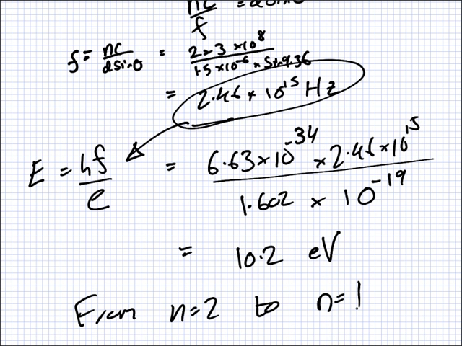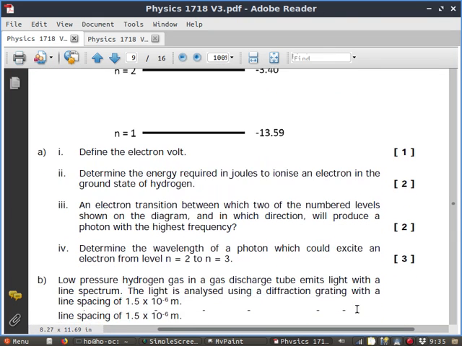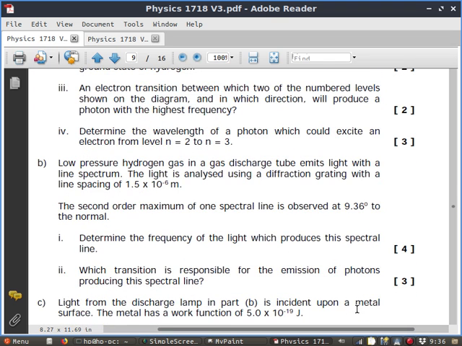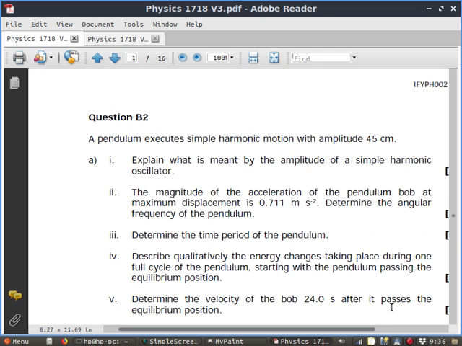Isn't it 1 to 2? No, because, well, let me just double check actually. Yeah, it's emission, meaning it releases the photon. Yeah, I know what you mean. Yeah, good man. Okay.